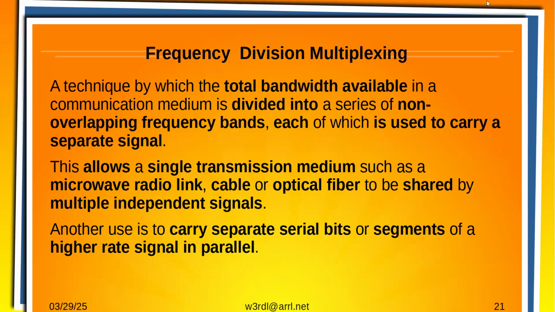So in the case of frequency division, you basically have divided up that total bandwidth into what they call non-overlapping frequency bands. So you have all these essentially channels that you're converting the baseband signals into.